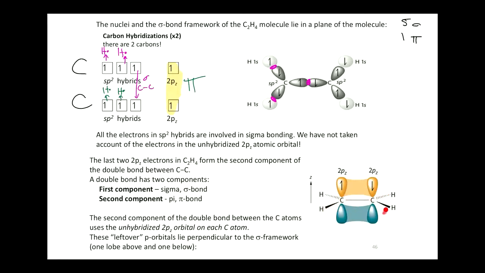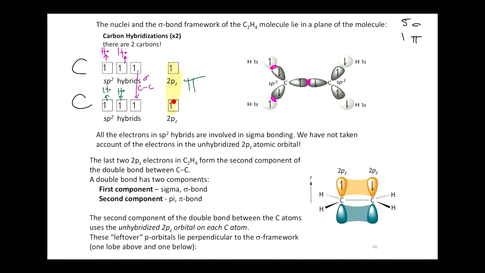So these black lines indicate the sigma framework, all the sigma bonds that we just went over. This pi interaction is actually occurring above and below the molecule itself. These 2 p orbitals are on the z-axis, perpendicular to the molecule itself, in that side-by-side overlap. I want you to recognize that we have unpaired electrons there.